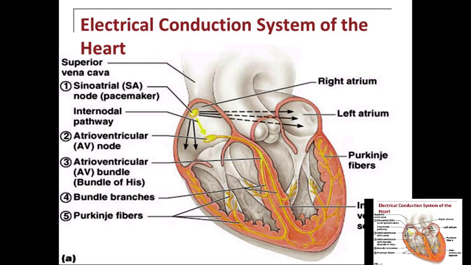Once it's sent to the AV node, follow the yellow pathway, it's hidden in this wall. This wall is the interventricular septum. The septum is a wall. The interventricular septum is that thick muscular wall that separates the right and left ventricle.